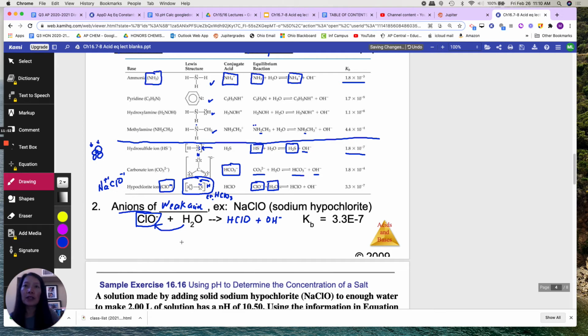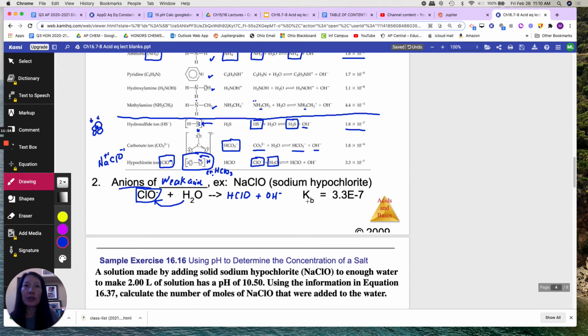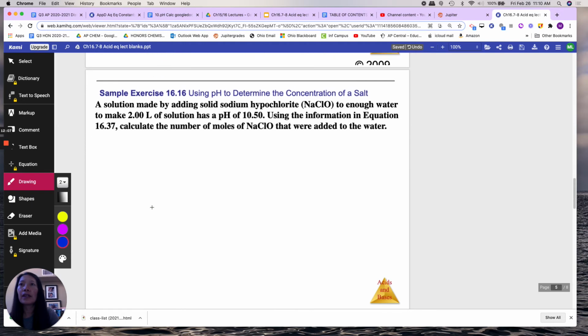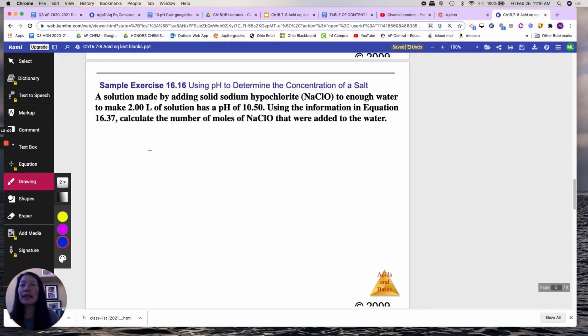Okay, so if they tell you sodium hypochlorite, you don't care about the sodium, you only care about the hypochlorite, which will take the H from the water. Okay, so here's an example. A solution is made by adding sodium hypochlorite, NaClO, to enough water to make a 2-liter solution at a pH of this.